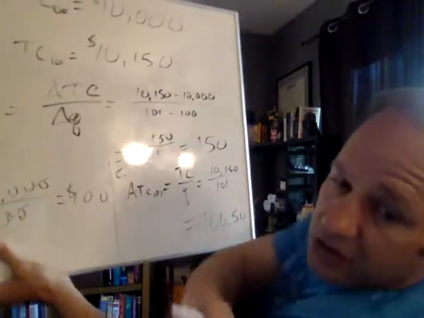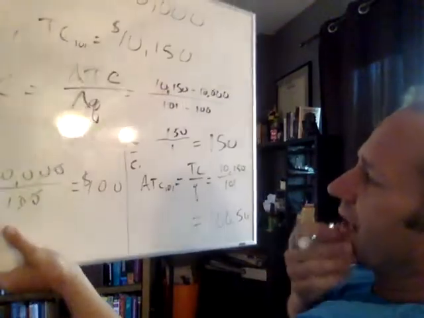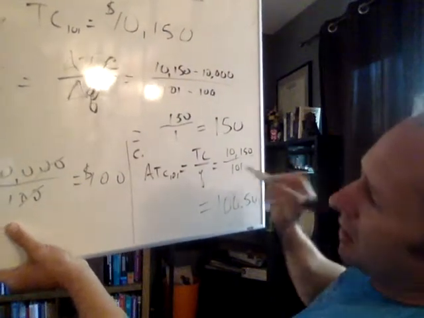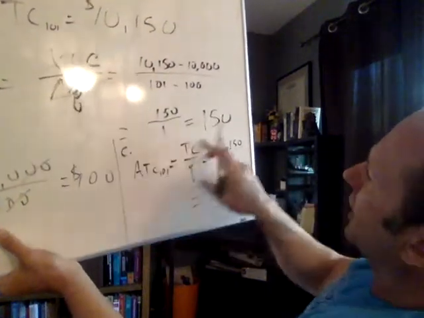So that tells us a little something. If you look back at the graph for the first one we did, I believe it was number 8. Marginal cost is 150.